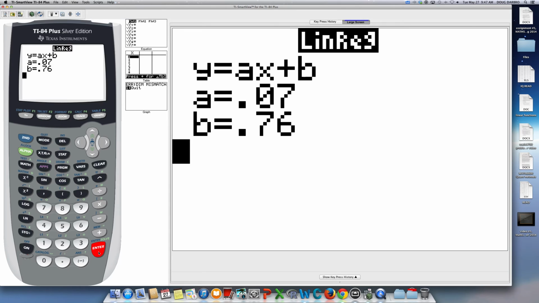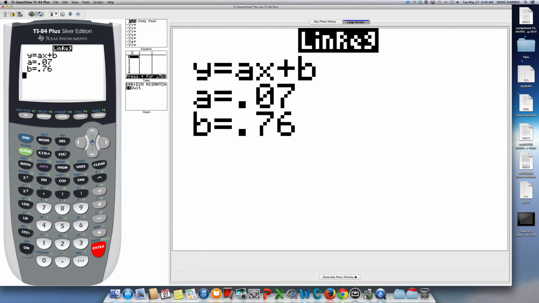And we can see that the supply function is going to be P equals 0.07x plus 0.76. I'm writing this over on the blackboard, so we'll have it when we go back over there.